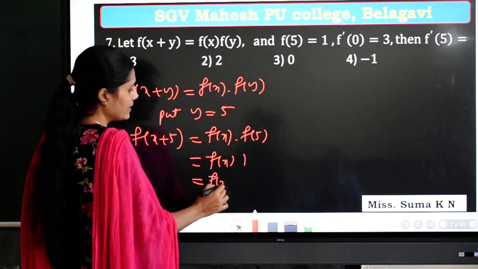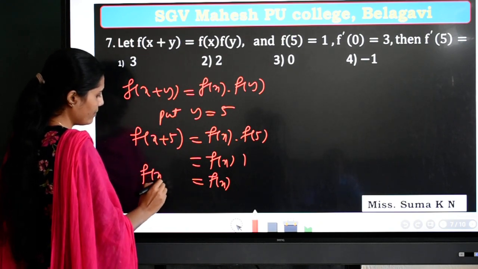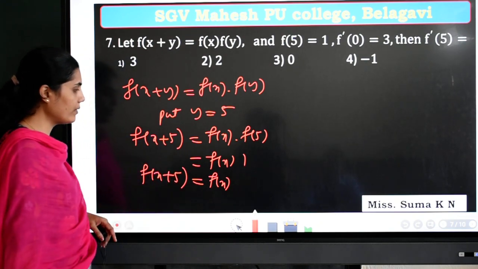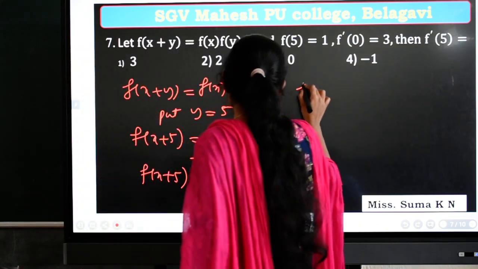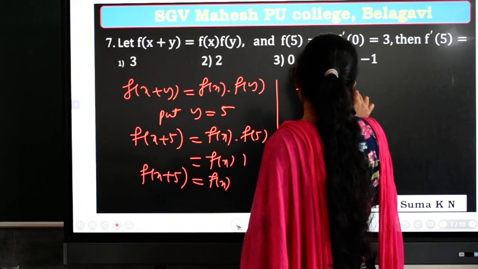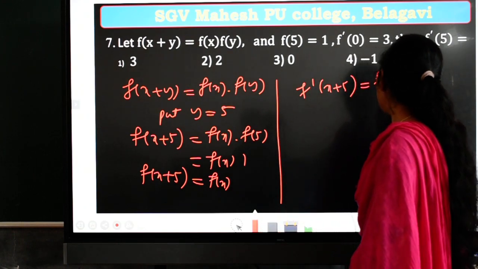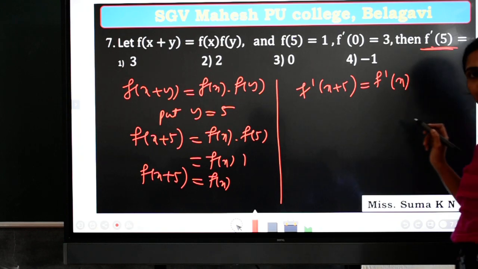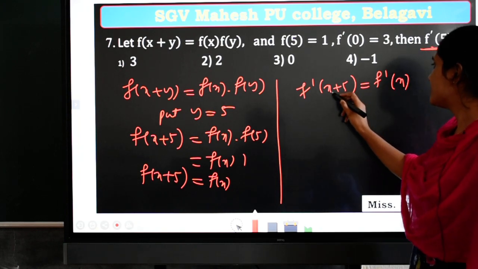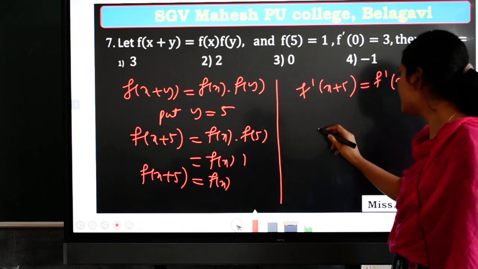F of x into 1 is f of x. So f of x plus phi is equal to f of x. Differentiate this one. What you will get? F dash of x plus phi is equal to f dash of x. They are asking to calculate f dash of phi. So let us substitute x as 0.